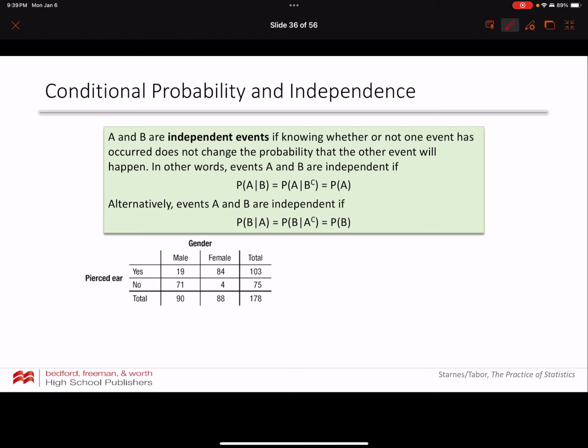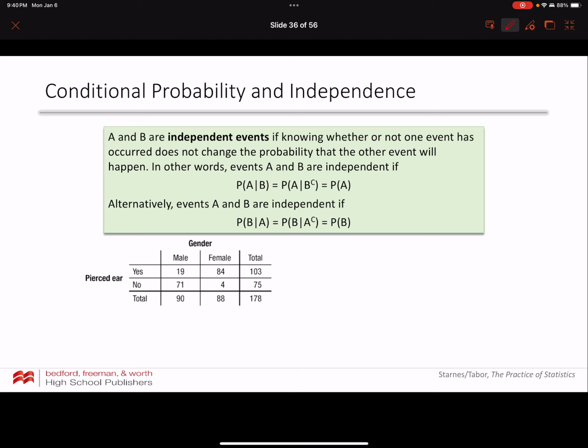So that brings us to our definition of independent events. A and B are independent events if knowing whether or not one event has occurred does not change the probability that the other event will happen. In other words, think about this formula.